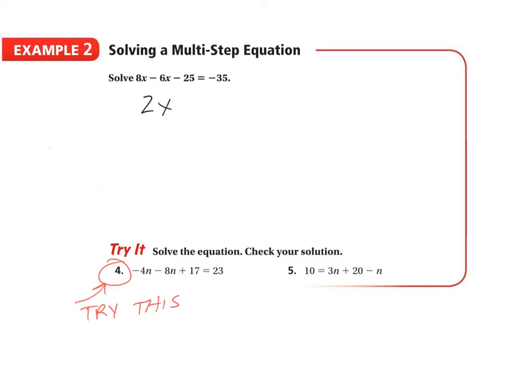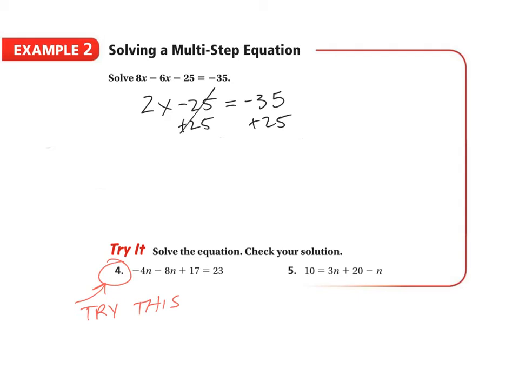I should have rewritten this problem, so I'm already not doing what I'm supposed to do. But we're going to move on so I don't have to start over. Now we have a normal problem, a two-step equation. The first thing we're going to start with is our constant. So we are going to add 25 to undo the subtraction here.